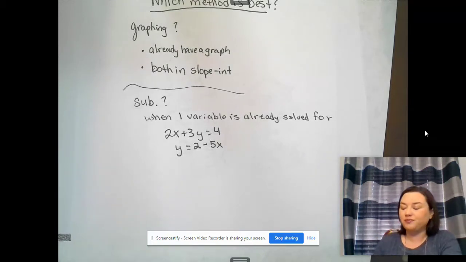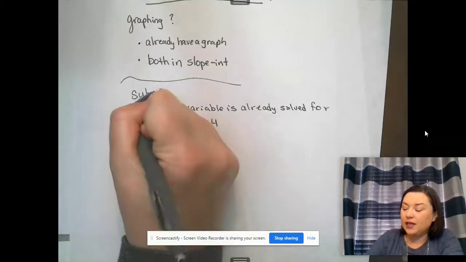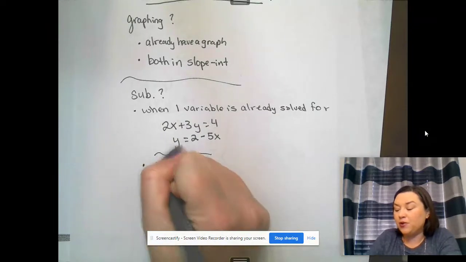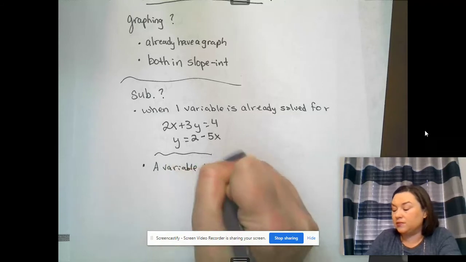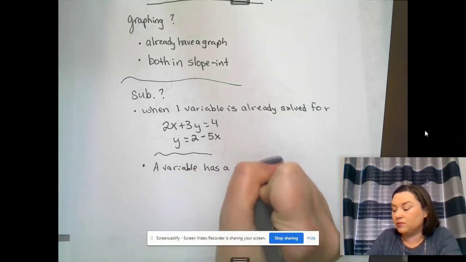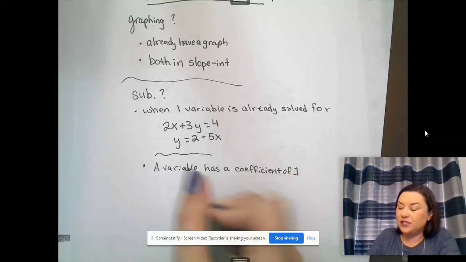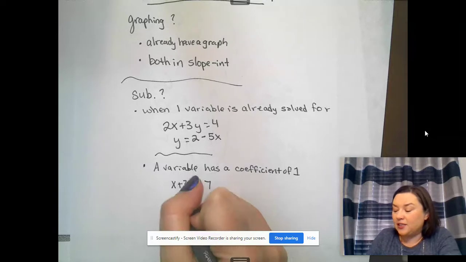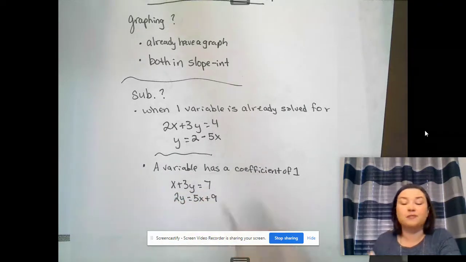Of course you can. Another time you might want to use substitution is if a variable has a coefficient of 1. So for instance, if I have x plus 3y equals 7 and 2y equals 5x plus 9.